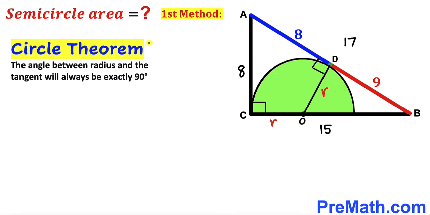And now let's recall the circle theorem. According to this theorem, the angle between the radius and the tangent line will always be exactly 90 degrees. So no wonder this angle has got to be a 90 degrees angle, since this is our radius and this whole is our tangent line.